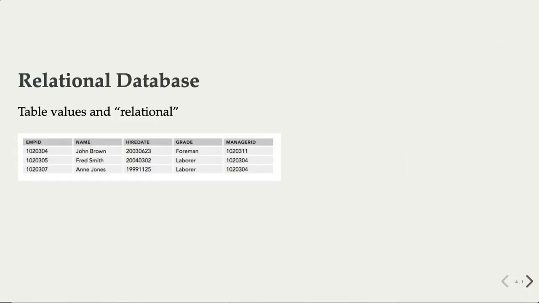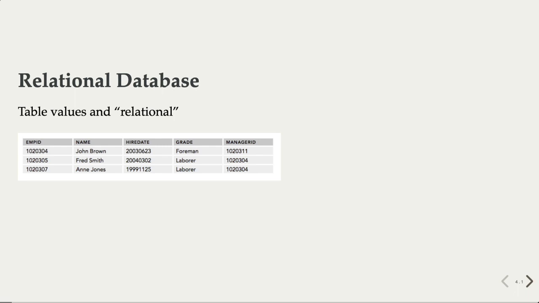Now, to make sense of the relational aspect of a relational database, let's take a look at the data table here. The data here are about employees in the organization. And just for the sake of discussion, let's just look at 3 records here with the employee ID, name, hire date, grade, and manager ID. The first record is 102, 03, 04, the employee ID, John Brown, and this is the information related to this particular person named John Brown.